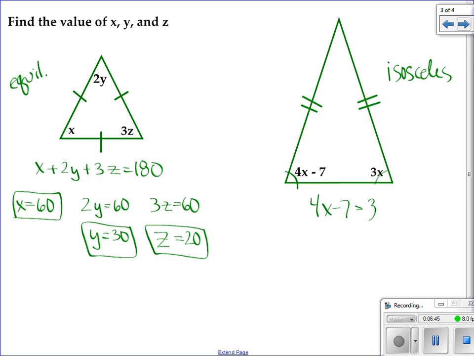If it's isosceles, the base angles have to be equal too. So we subtract 3x. You could go the other way as well. Add 7. We get 7. Questions?